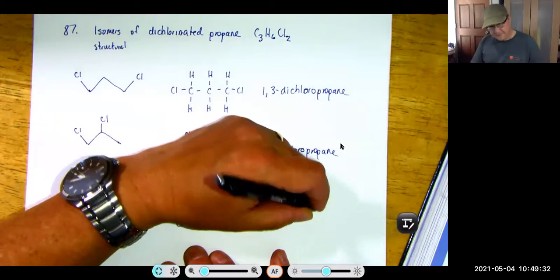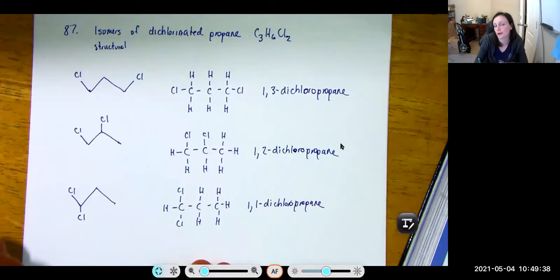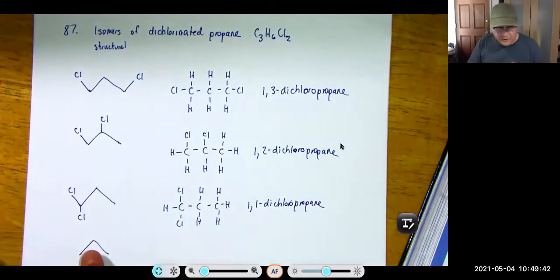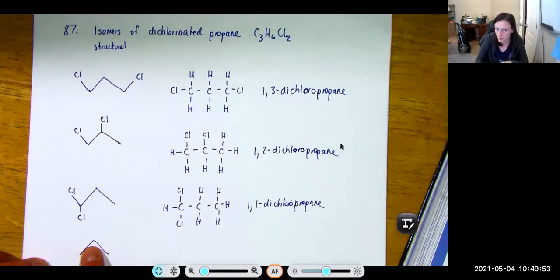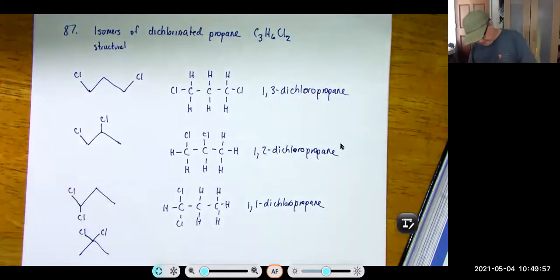Any others? I guess could we do 2,2-dichloropropane? Only if there are 2 hydrogens on propane that we could take off and put chlorines on instead. Are there 2 hydrogens on that middle carbon? Yeah. Okay, we can take one off, put a chlorine, take the other off. So yeah.